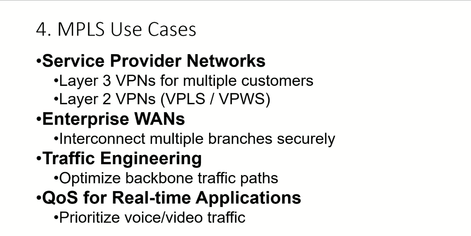Okay. Use cases. Where do we use MPLS? As we already know, layer 3 VPN, layer 2 VPN, interconnecting multiple branch sites. See, I told you, enterprises will also run MPLS. Traffic engineering. What is traffic engineering, by the way?